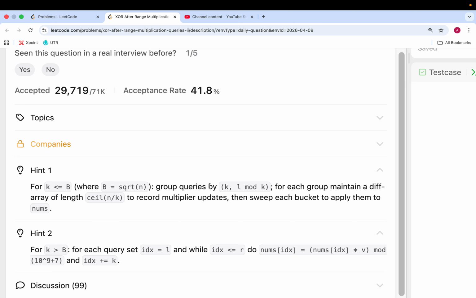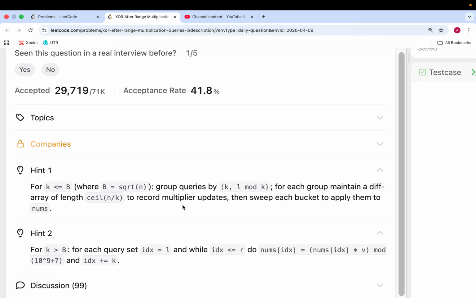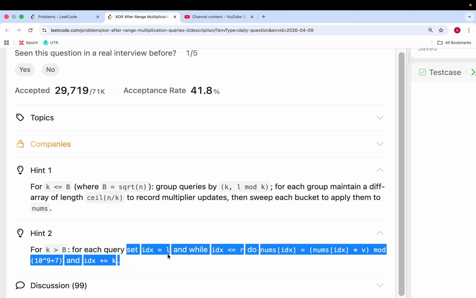Okay, so there's two cases. For increments less than the square root of n, why square root of n? Maybe because if you're less than the square root of n, then the increment is small, so you're having to change a lot of elements.